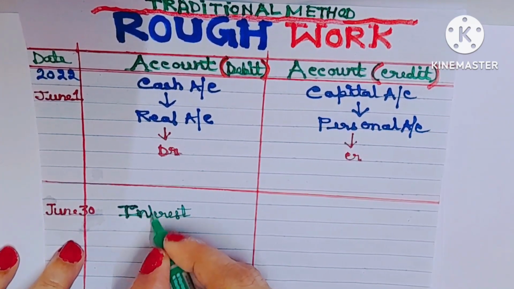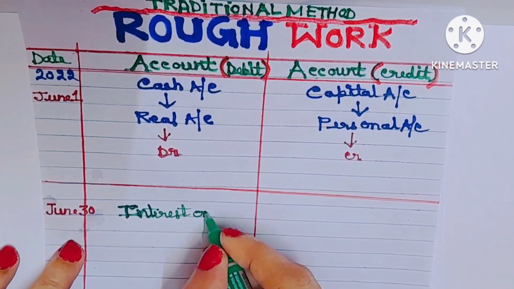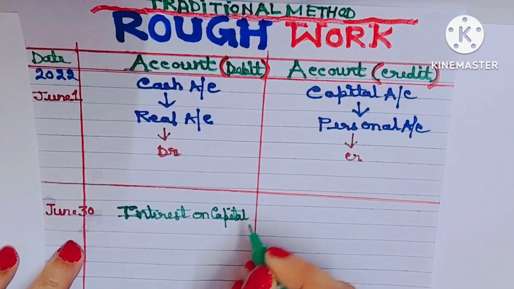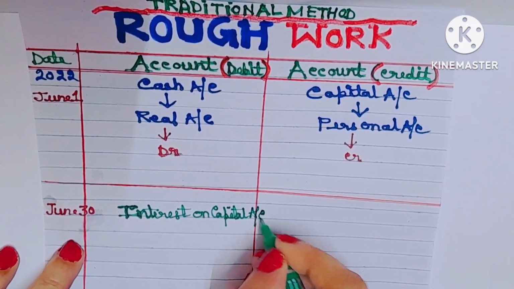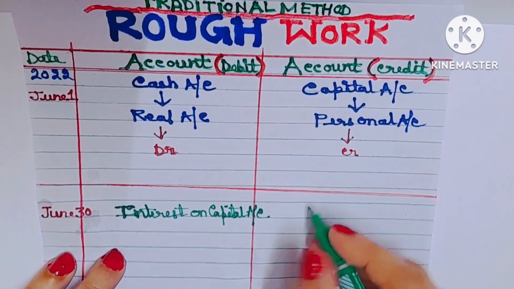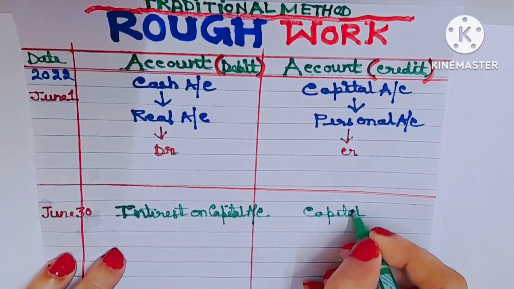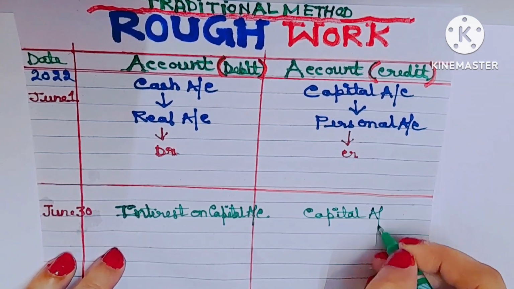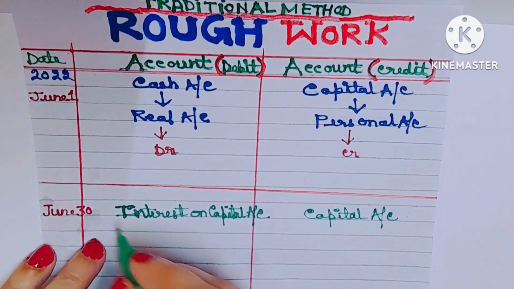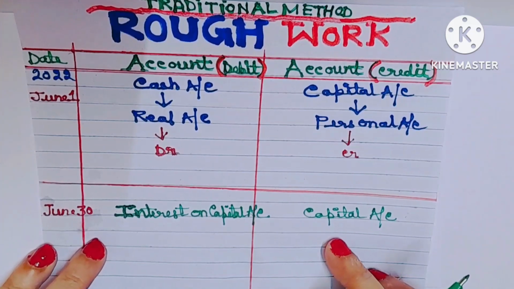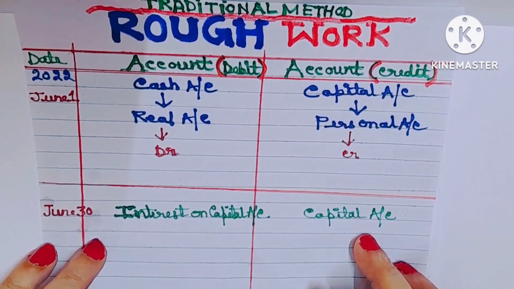So one will be interest on capital account, and the second one will be capital account. Okay. The first account is interest on capital account and the second account is capital account. Okay. Understood?